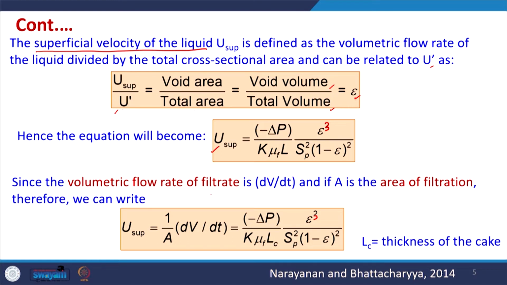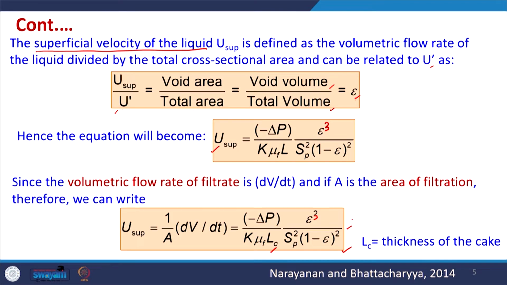Now, since the volumetric flow rate of the filtrate is dV by dt, and if A is the area of filtration, we can write V superficial equal to dV by dt divided by A, and hence this equation can be written as this, where Lc is the thickness of the cake in place of the thickness of the bed. That is, in place of the length of the bed we are using the thickness of the cake for applying this equation to filtration. So, this is one of the equations which has been developed.